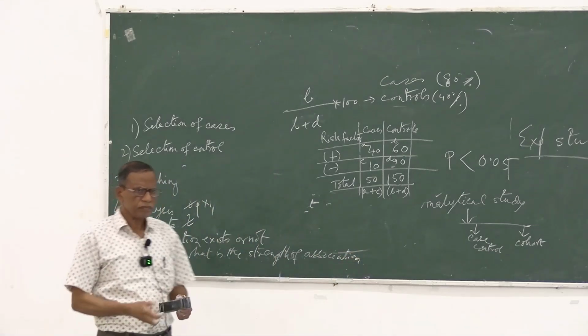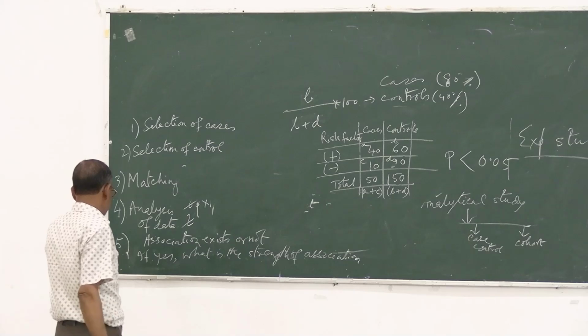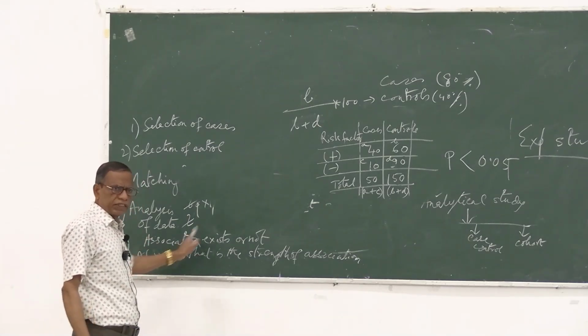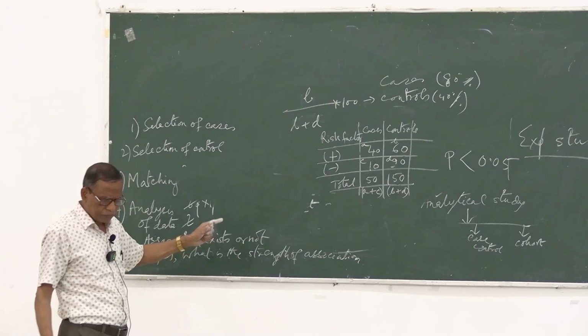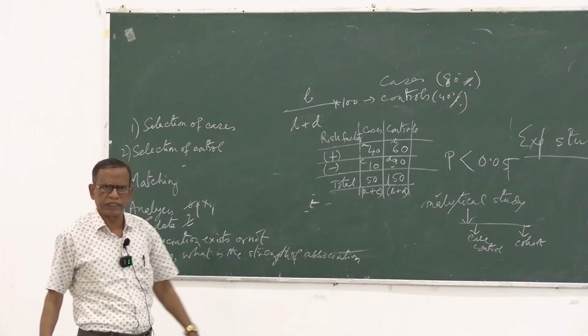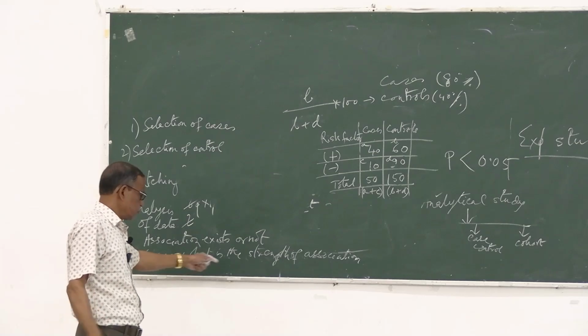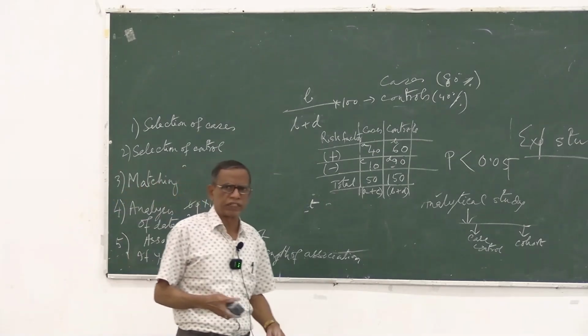So, after analysis, you find out whether the association exists between the exposure and occurrence of the disease, and if there is an association, what is the strength of the association.